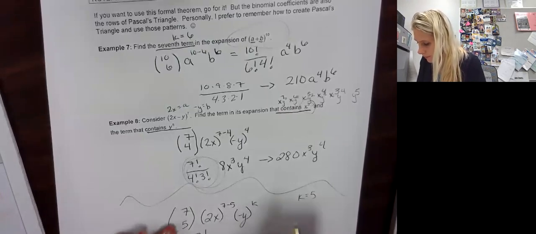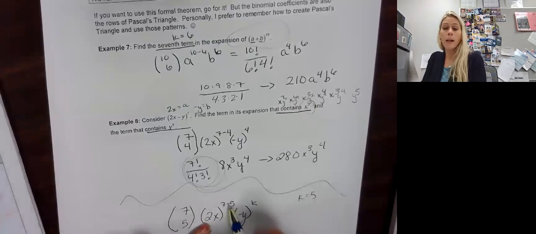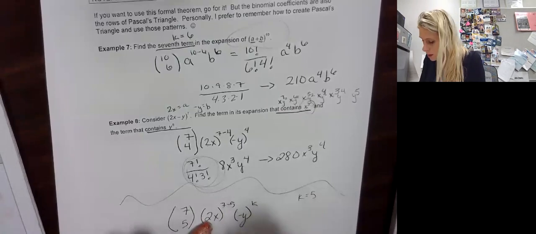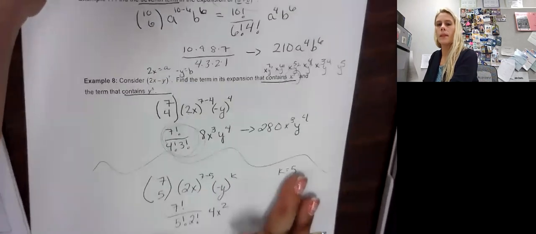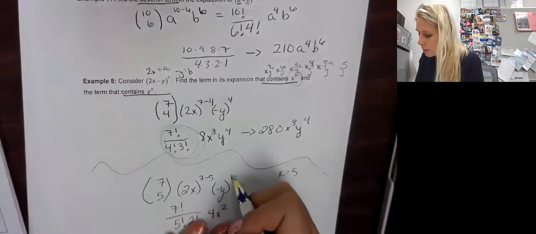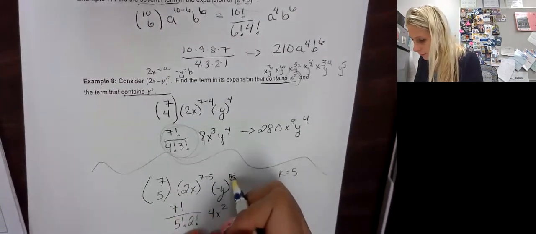Now we have 7 minus 5 is 2. 2 squared is 4x squared. There we go, guys. Sorry. Why did I put k here when we know k is 5?